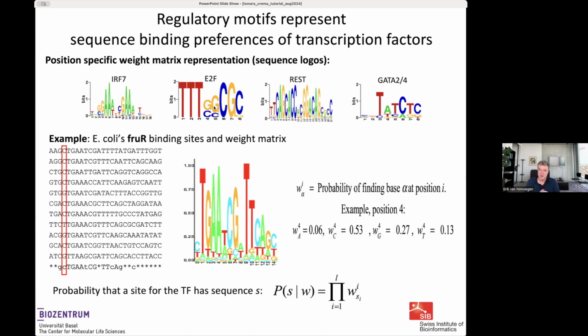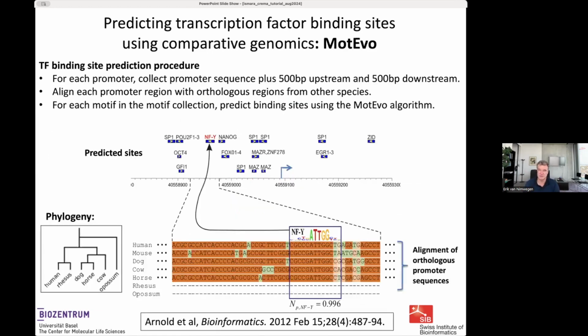And so over a large amount of time, using lots of experimental data, large collections of such weight matrices have been created for large numbers of transcription factors in many genomes of model organisms. And we use these weight matrices to predict binding sites on the genome for transcription factors.